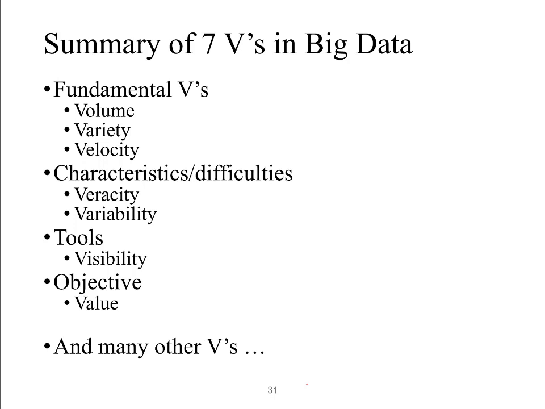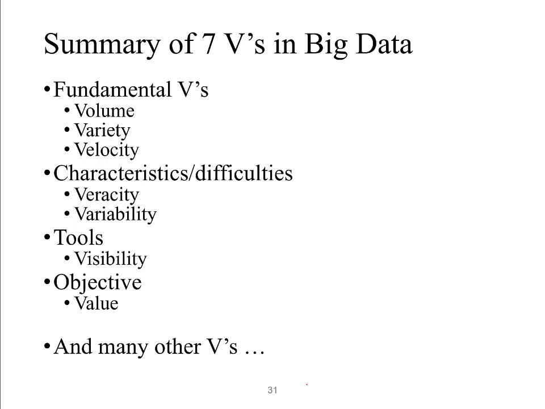Volume is the scale of the data, how much data you have. Variety represents the diversity of data. The velocity is the speed of data. The speed of data refers to the speed of data generation, and also the speed of data processing.